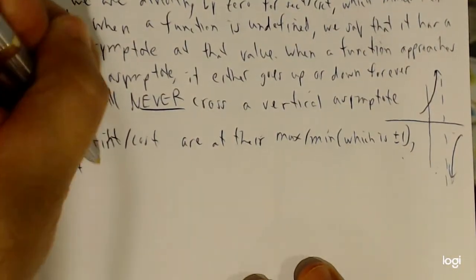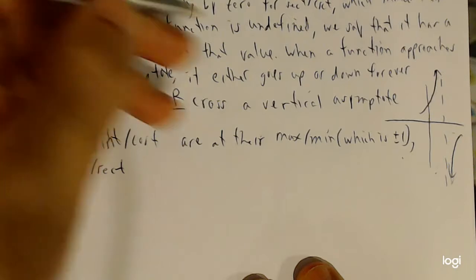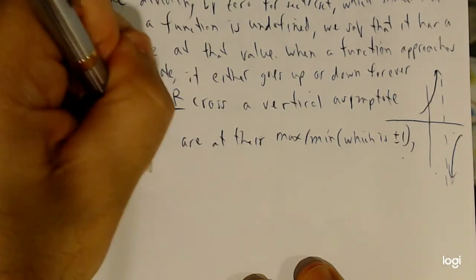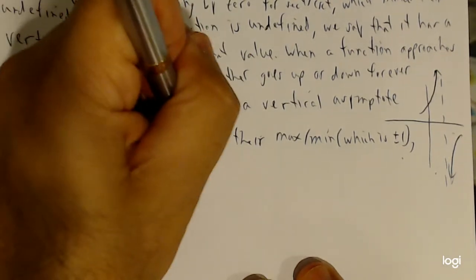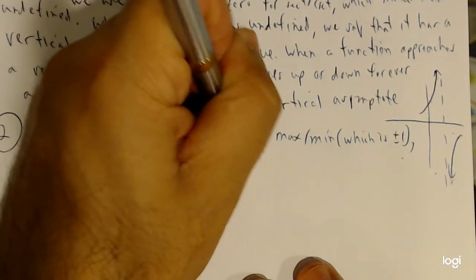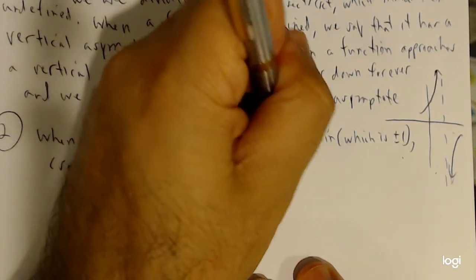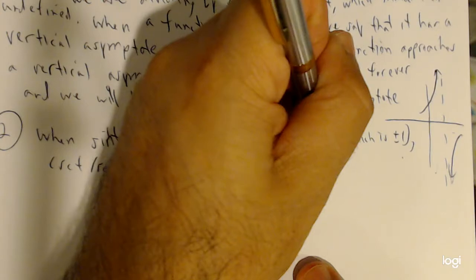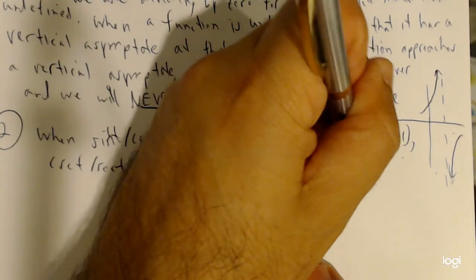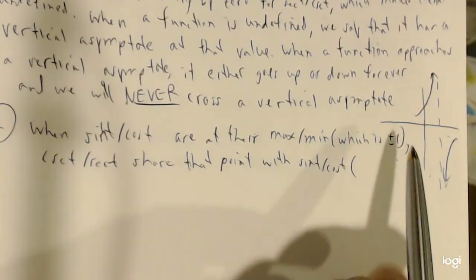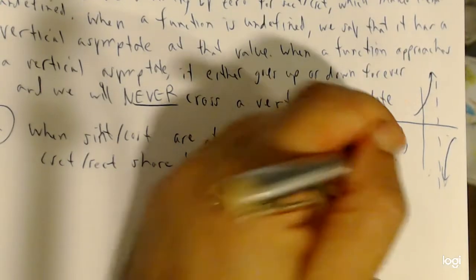Then we know that cosecant of t and secant of t share that point with sine of t and cosine of t. How come? Because 1 is just written as 1 over 1, right?